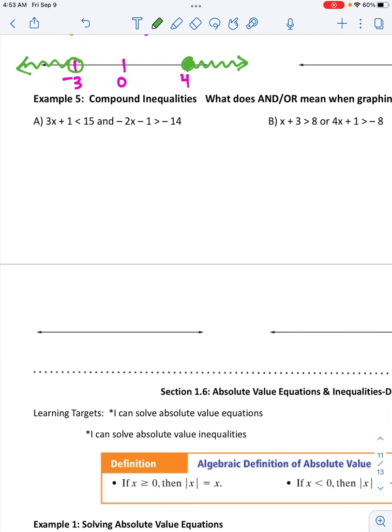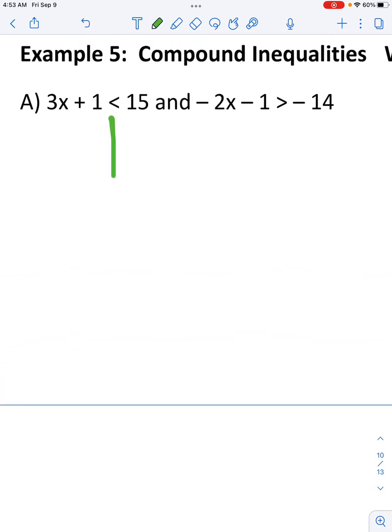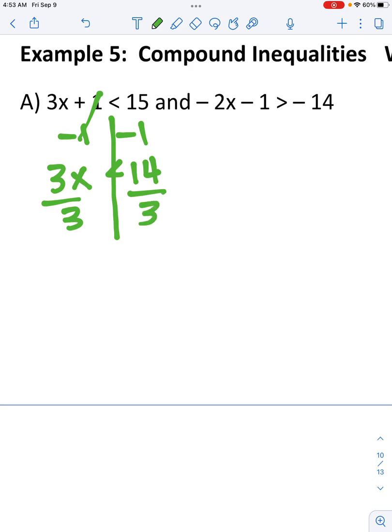I will point out for these last ones, you are going to end up with an overlap. So maybe I'll do this one. If I subtract 1, 3x is less than 14, and then divide by 3, x is less than about 4.67.